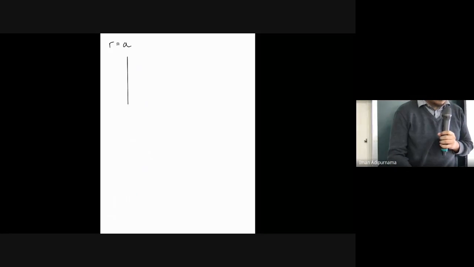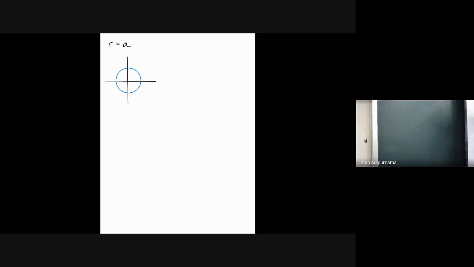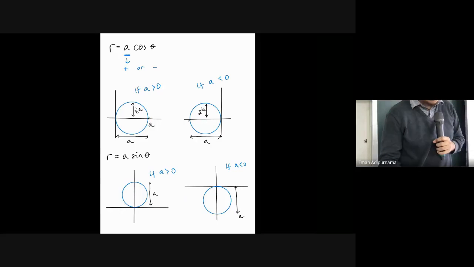And what will happen if R is A? This is your circle, so it's a centered circle. Let me give you the title for the first one: circle and spiral.